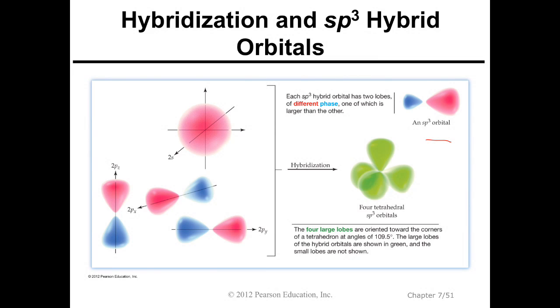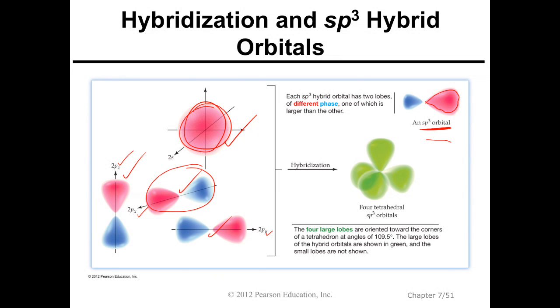So look at this. You've got an s, and then the 3 different p's. The dumbbells can be arranged along the x-axis, the y, or the z-axis, so you have 3 different types. When you have an sp3 orbital, it still has a dumbbell-like shape, but if you add the s and one of the p's, you get a lobe that's a little bit bigger.